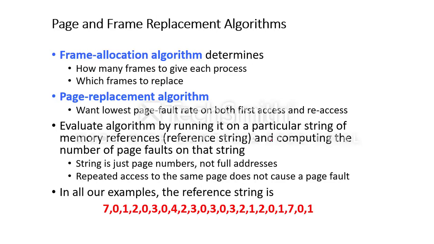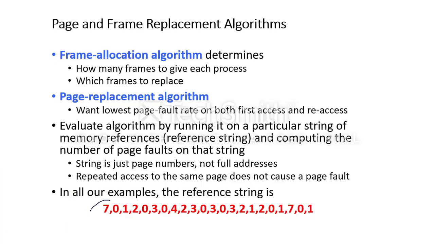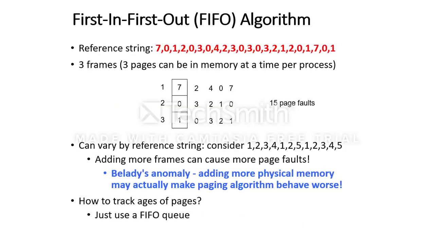So we now need to use this reference string here. This reference string, let me demarcate the reference string, this one, to implement page replacement using the 3 algorithms that I mentioned earlier on. Now, the first one, like I said, is the FIFO, first in, first out.